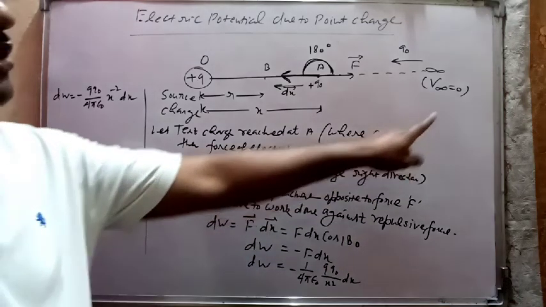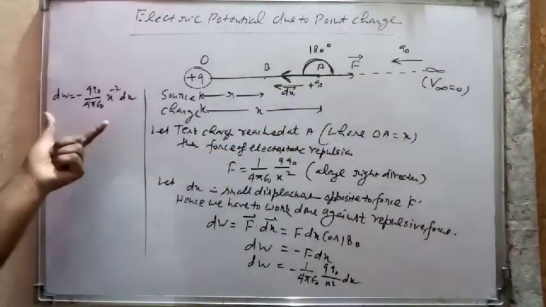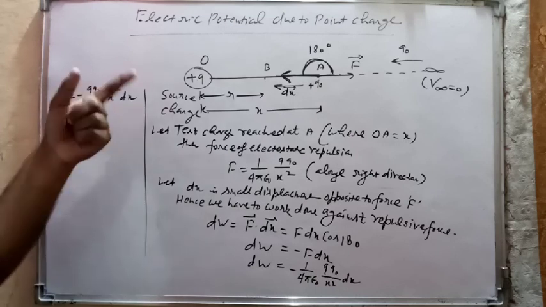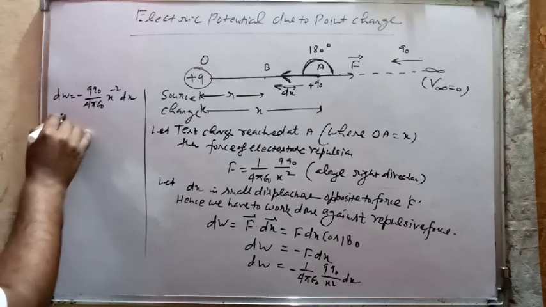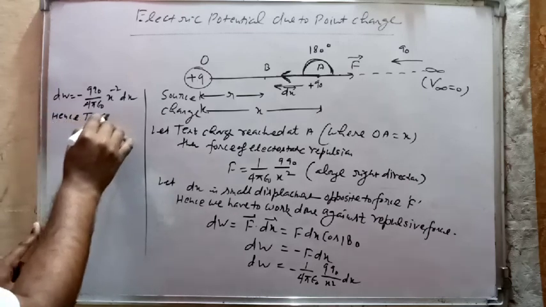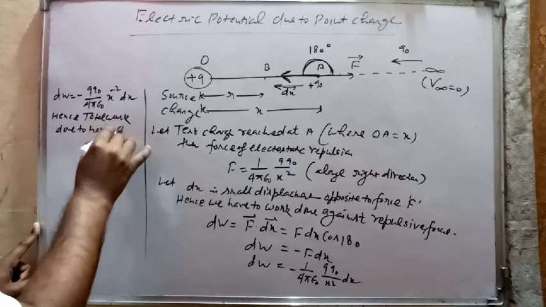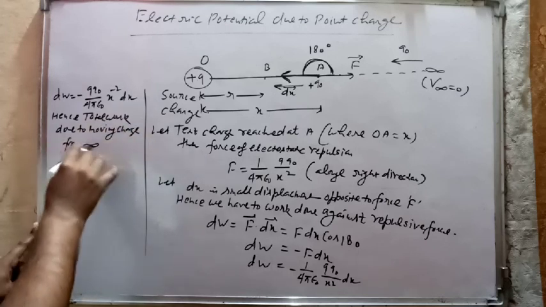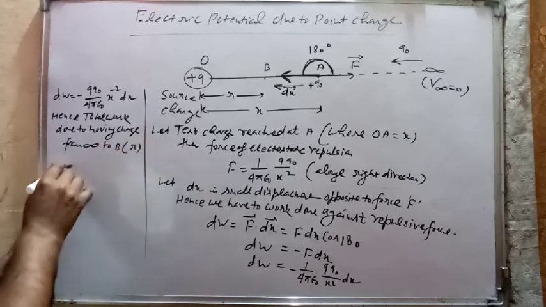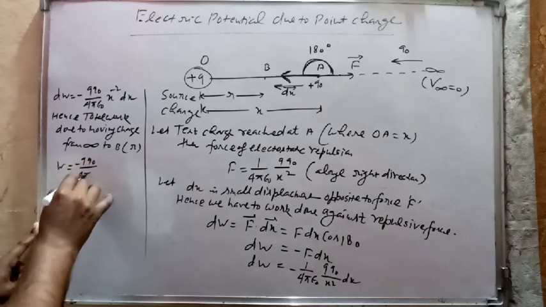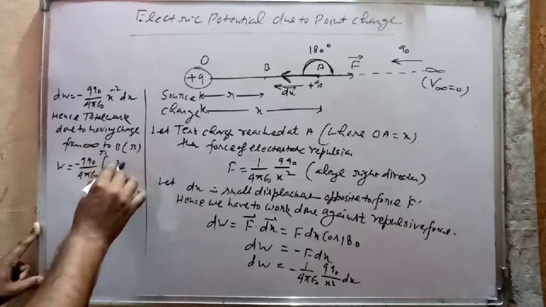Now for the total work done in moving the charge from infinity to B, that means r, we integrate this work over the limits infinity to r. Hence W is equal to minus Q Q naught divided by 4 pi epsilon naught, taken outside, integral from infinity to r of x to the power minus 2 dx.